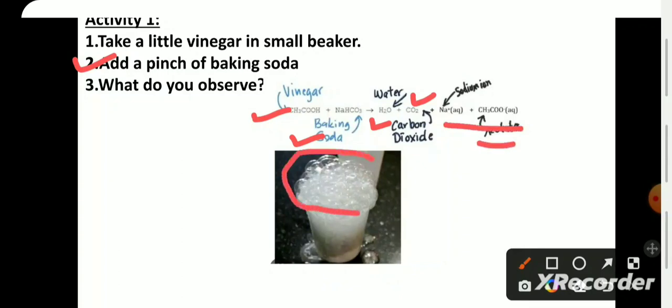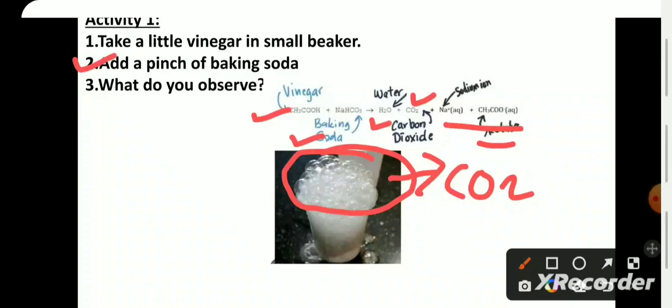Whatever bubble-like things you can observe at the surface are just CO2 bubbles. The products which are formed, like water, carbon dioxide and sodium acetate, all these substances have different properties compared to vinegar and baking soda. So such changes are chemical change.